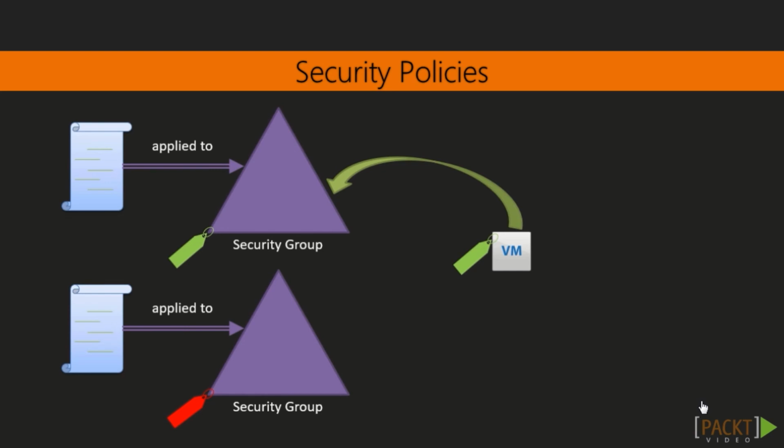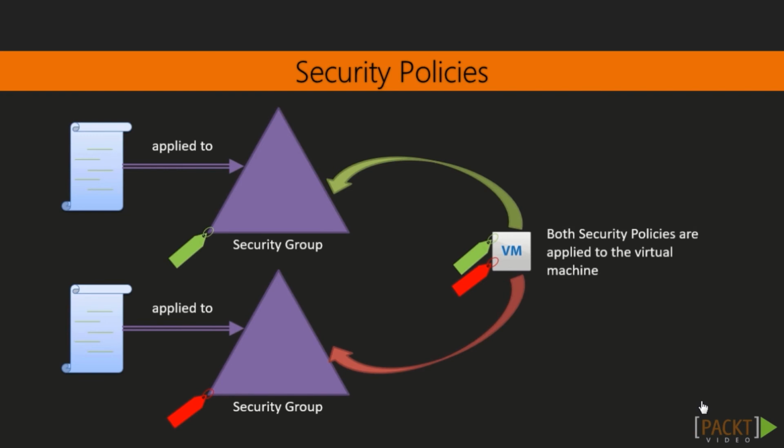The cool thing about tagging is, if you add a second tag, the virtual machine is a member of both security groups, and therefore it gets both security policies applied. This allows you to create highly complex security policies and service combinations for a single object.